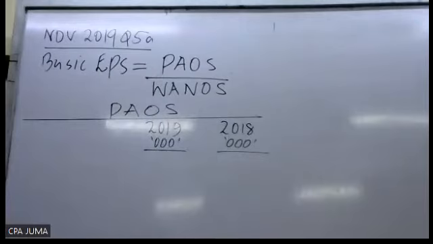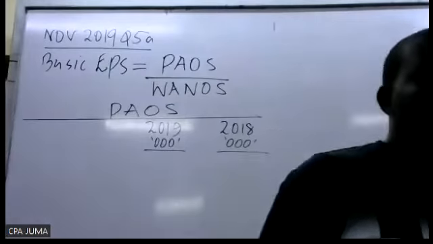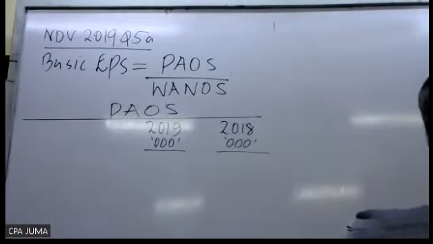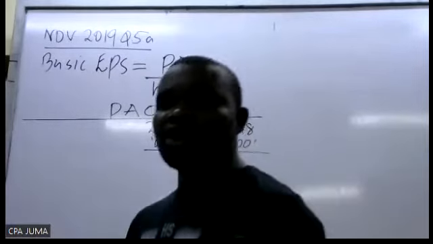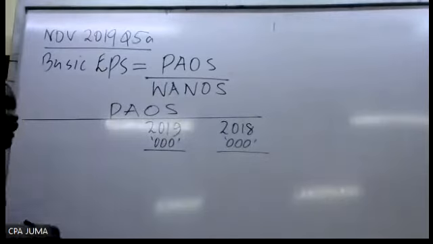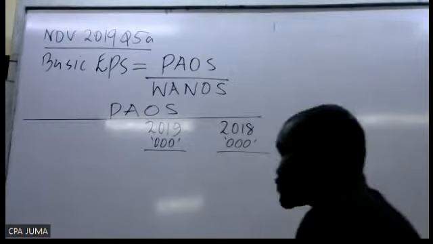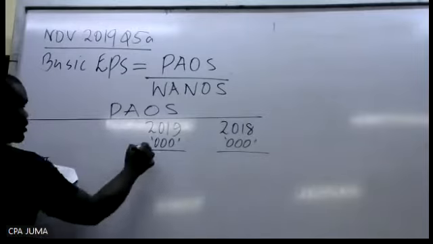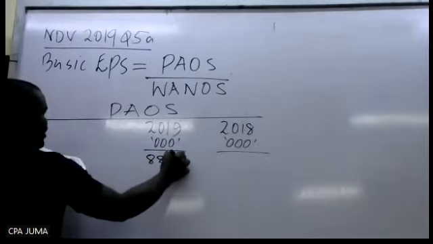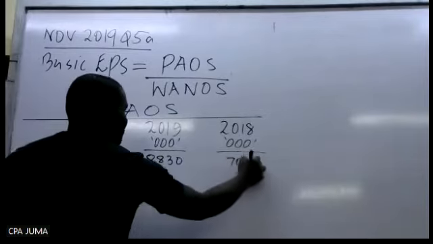From the arrangement we were given, we'll just start the way it is. We start with the profit before interest and tax, less finance cost, less tax. So start with reported profit before interest and tax: 8830, 7012.